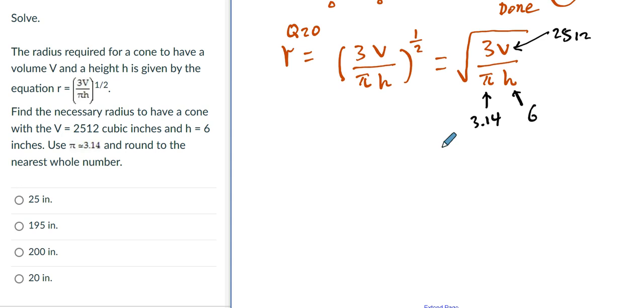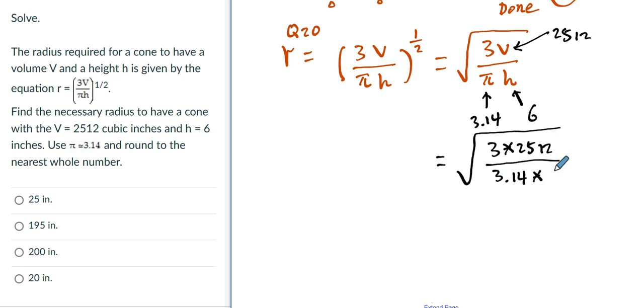So then in your formula, you have a radical, 3 times 2512, downstairs is 3.14 times 6.